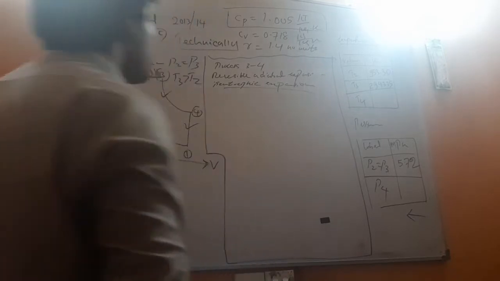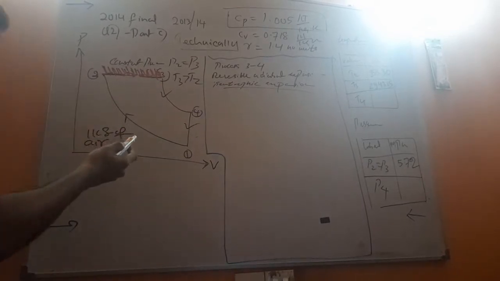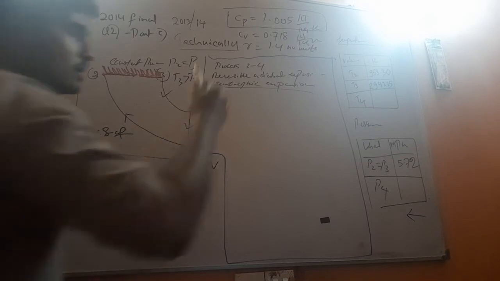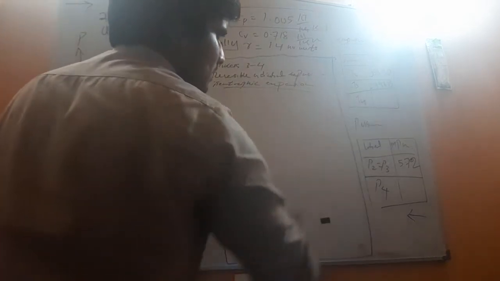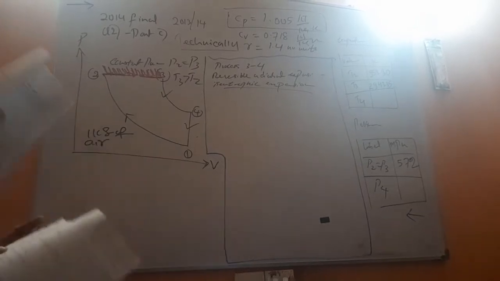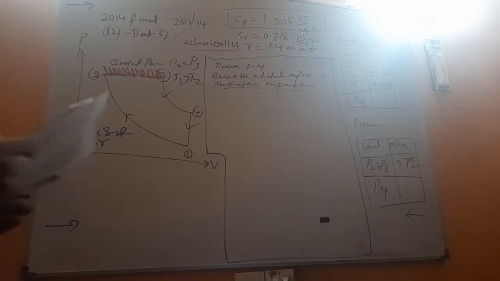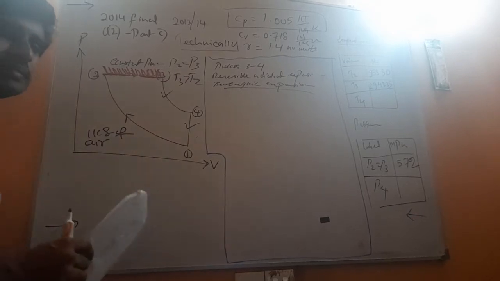So now the last thing that we have to evaluate is T4 and P4, because we know all the other temperature and pressure values. In this problem they are asking only temperature and pressure values, right? They are not asking about volume.